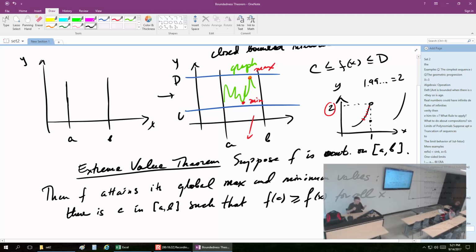That's the maximum. There is a point, literally a point, within the interval, and the function is defined at that point and it is the highest value.